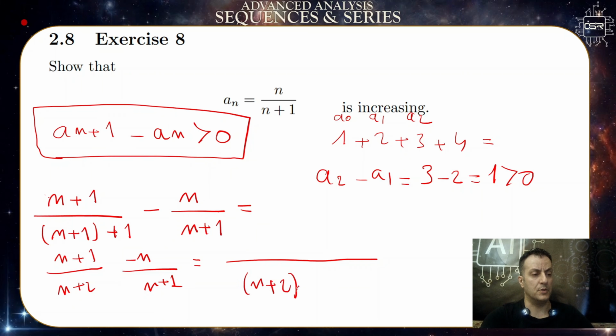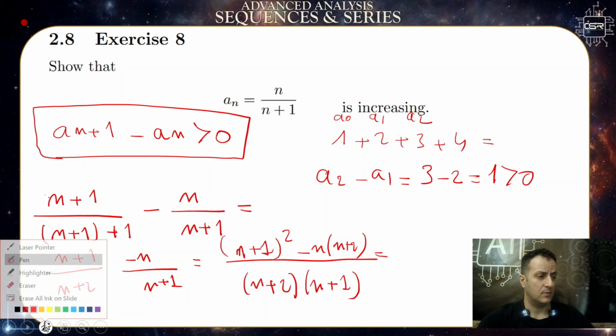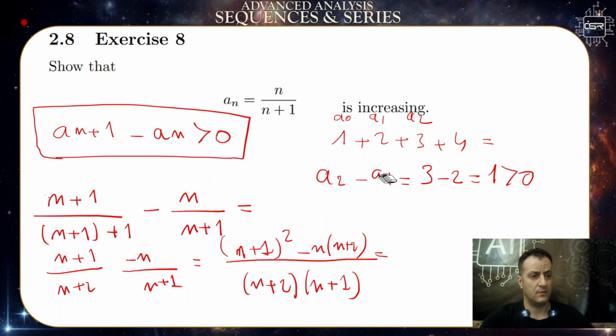let's take a common denominator, (n plus 2) times (n plus 1). So we multiply the left by n plus 1, so we end up with (n plus 1) squared minus n times (n plus 2) over (n plus 2)(n plus 1).